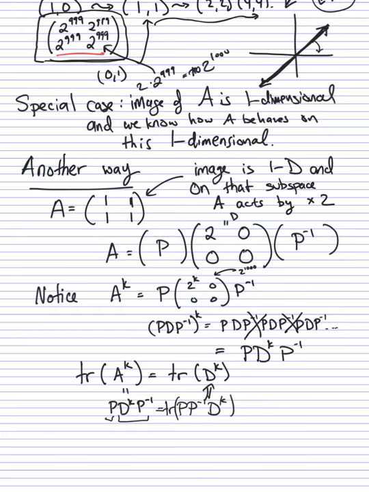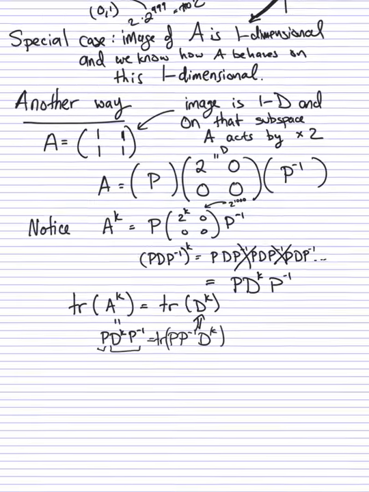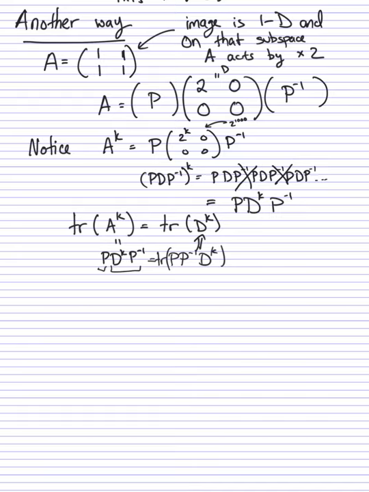So how do you find this matrix P? Well, I won't go into it. It's similar to finding these change of basis matrices that I've talked about, and an exact description of how to find them will be coming soon.